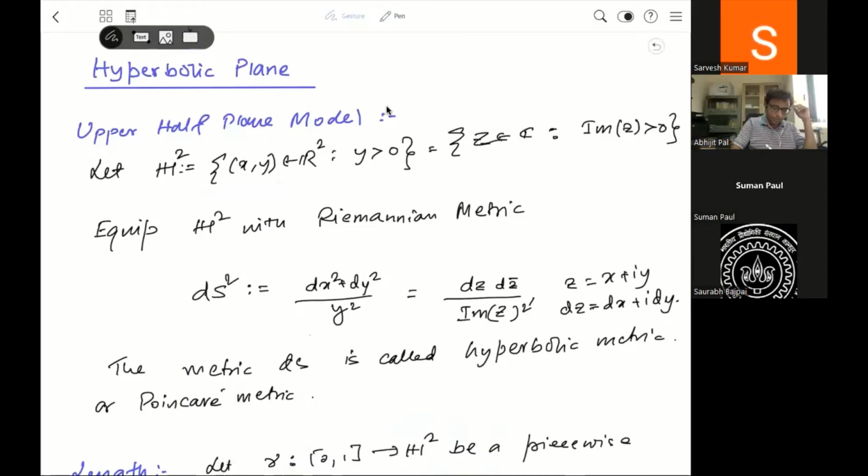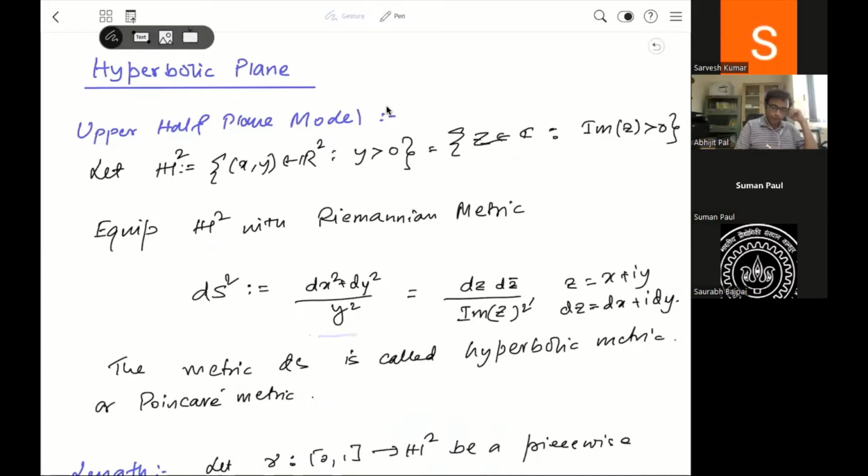This you can also write as: z belongs to C such that the imaginary part of z is greater than 0, and we equip this upper half plane with a Riemannian metric. It is different from the Euclidean metric. How is it defined? ds squared is equal to dx squared plus dy squared, divided by y squared.